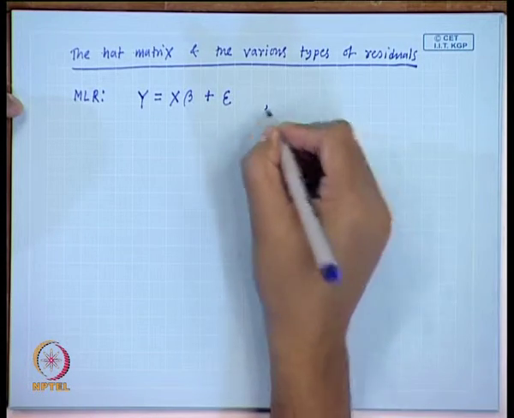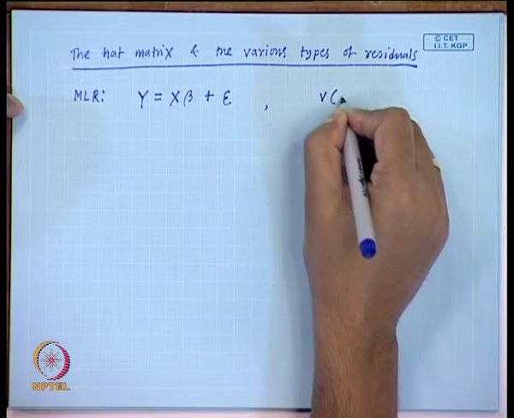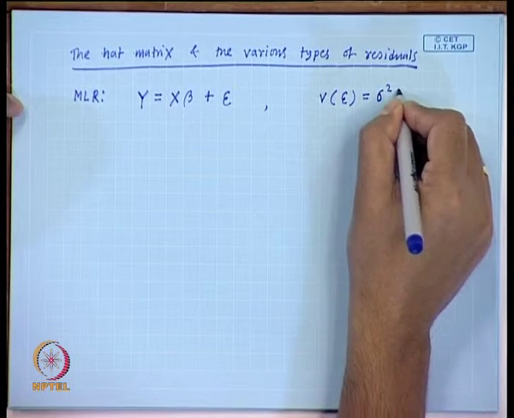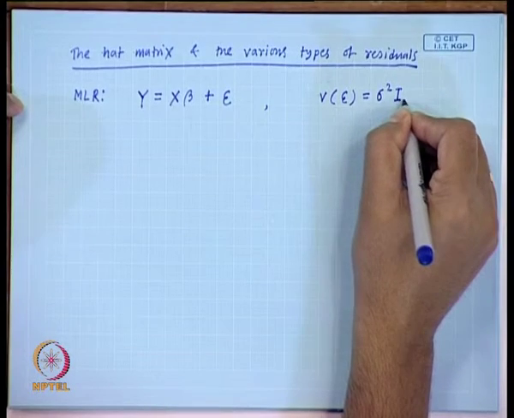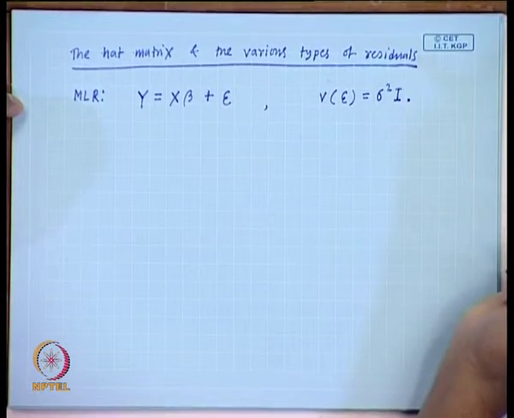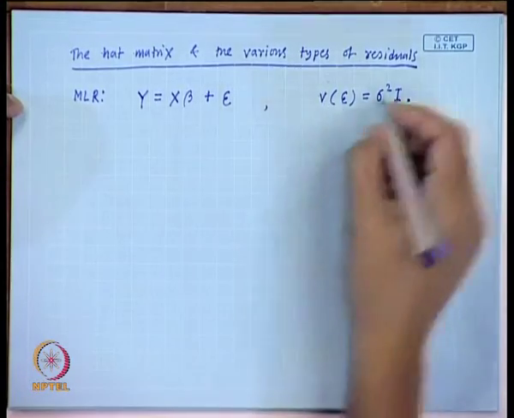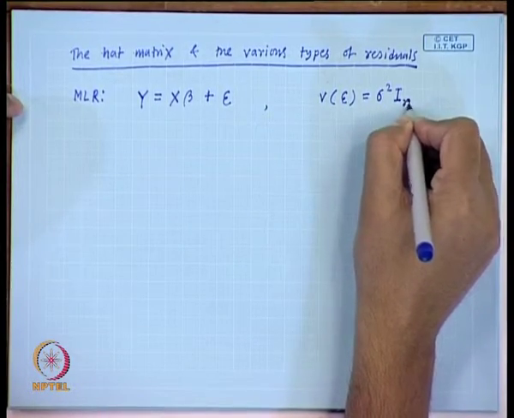And what we assume here is that the variance of epsilon is equal to sigma square I. Okay. So, this is the base assumption we make. This is I n.